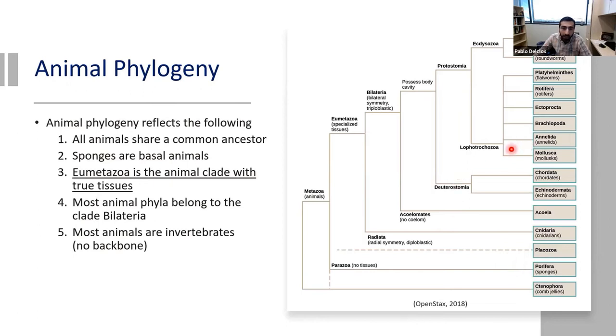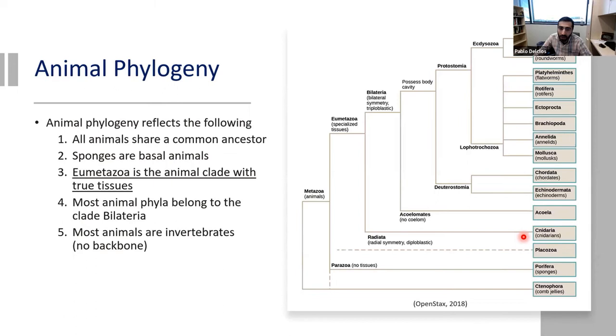Most of these animals you'll see are within the bilateria clade, which means they almost all have bilateral symmetry. The only exception is one group known as the radiata, and we'll get to them. This includes things like anemones and jellyfish.